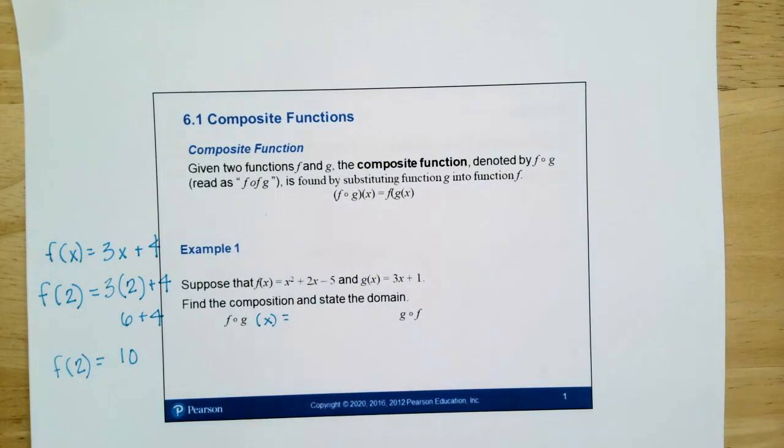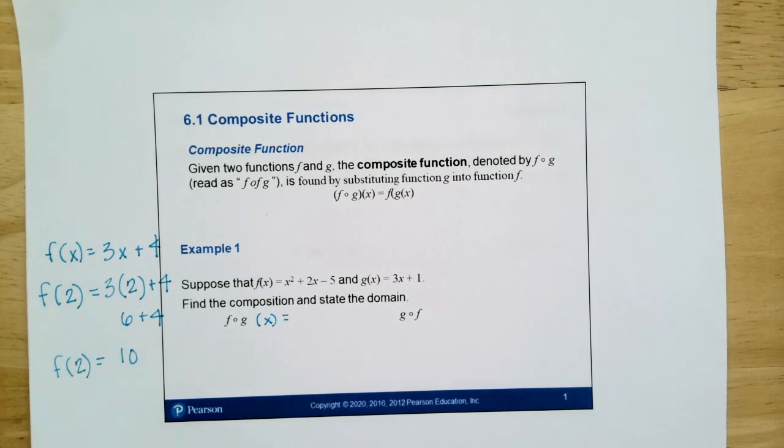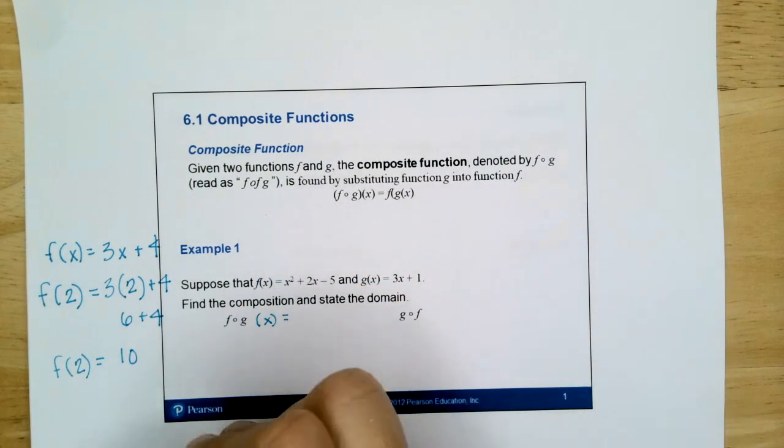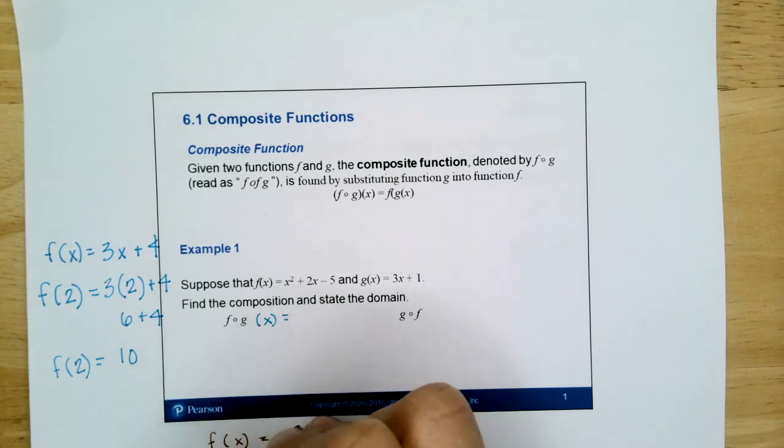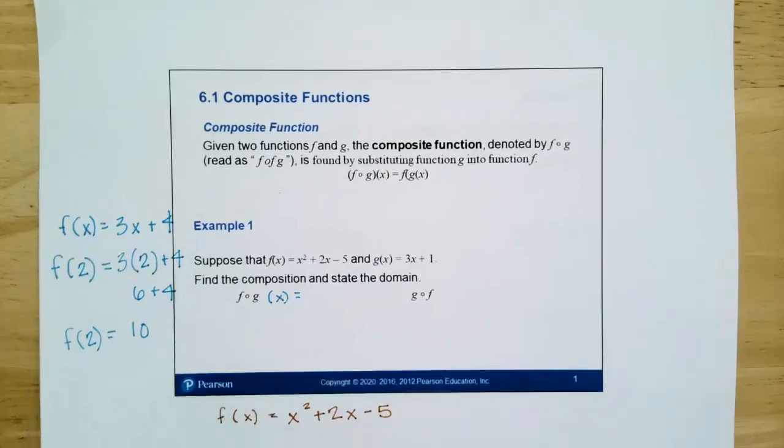F of g of x is equal to, start with the function f. Everywhere that there is a variable, just like everywhere that there is an x, we substitute in the other function. Now, start with f. F of x, they said, is x squared plus 2x minus 5.